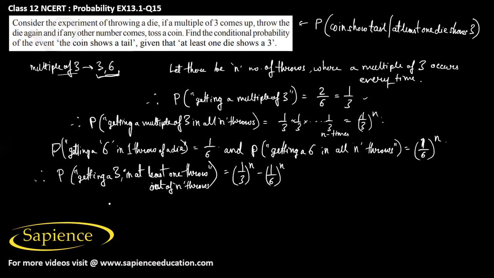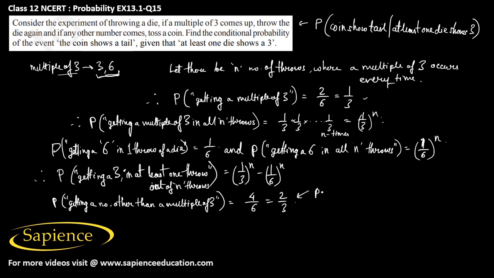Then suppose in the n plus 1th throw, in the next throw, we get some number which is other than 3 or 6. So the probability of getting a number other than a multiple of 3: except 3 and 6 there are 4 numbers, so that would be 4 by 6, that is 2 by 3.